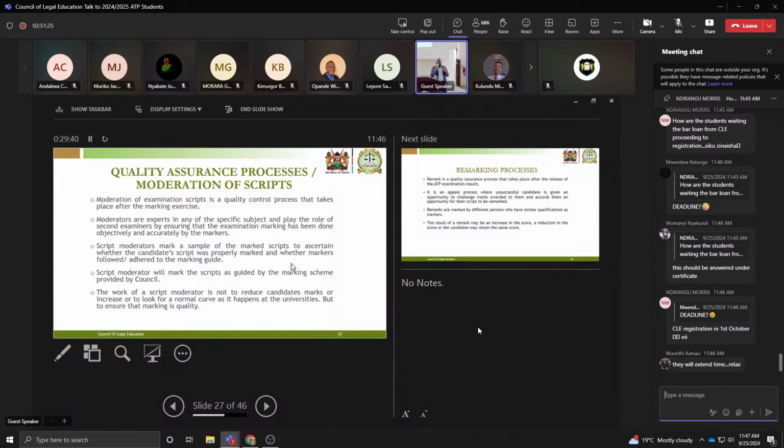He will actually be the second marker. He will go through them and ascertain whether, one, the paper was properly marked. Is that okay? And number 2, whether the markers actually adhered to the marking guide.